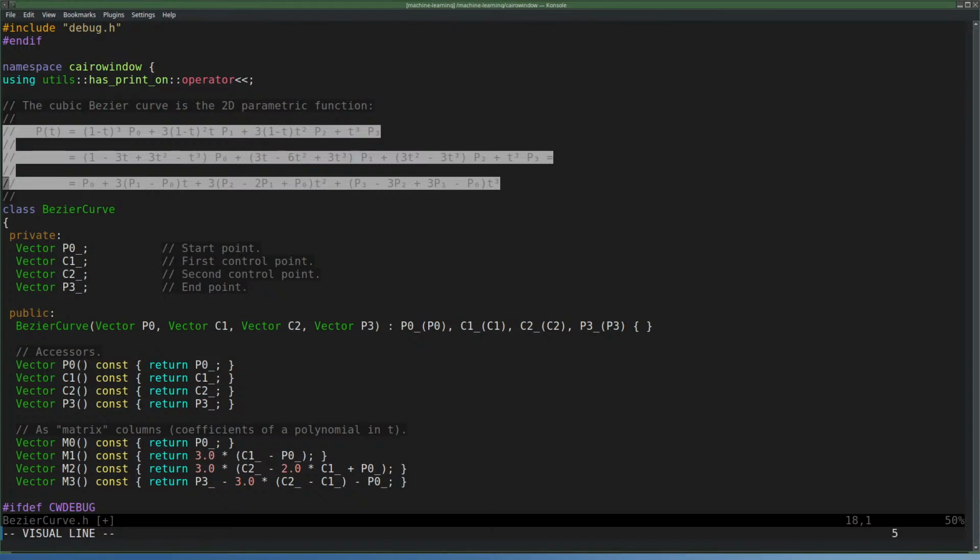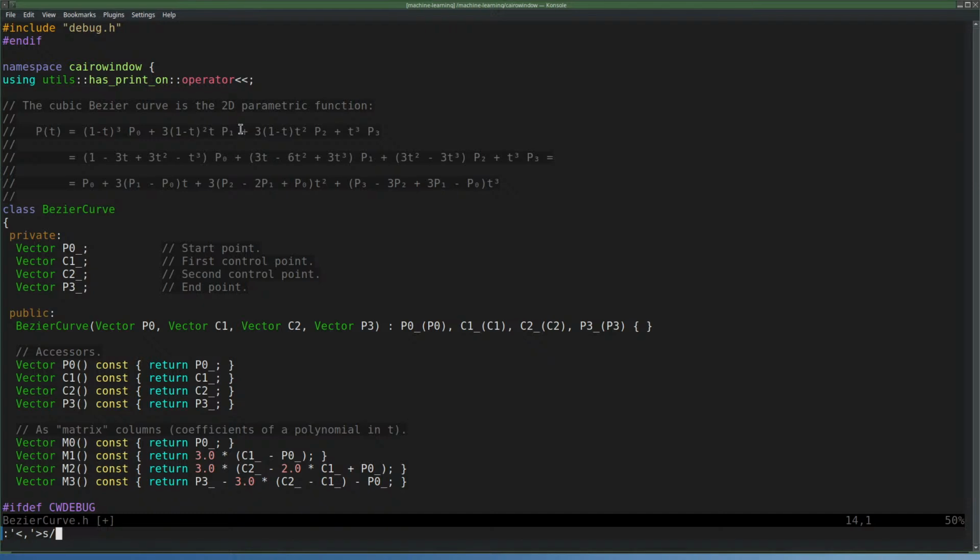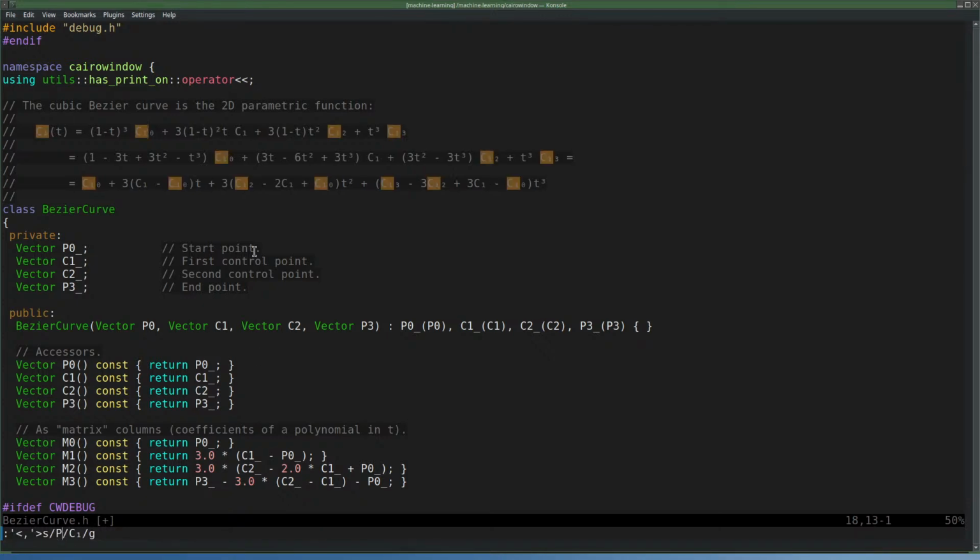Maybe that wasn't a good idea to name them C. Oh well. Can also rename it back, right? P1 becomes C1. Oh, I lost my one. Two.